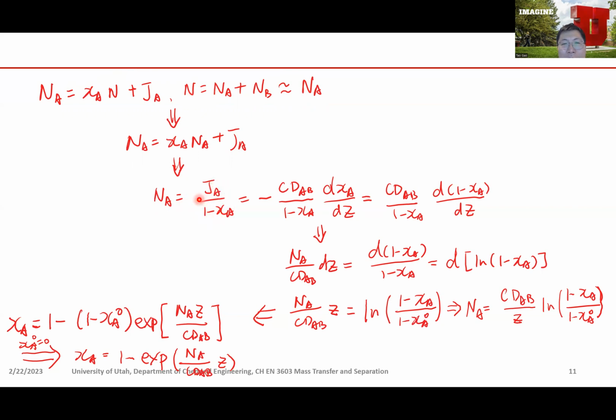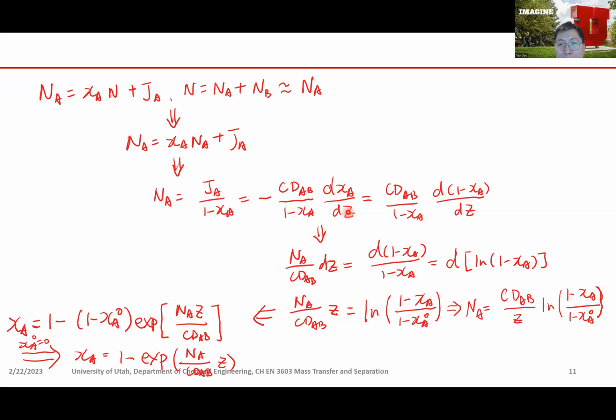And we know JA is a diffusive flux, which can be solved by Fick's law. And then we can just plug in Fick's law, right? That gives us here dx over dz. And because NA is a constant, this whole equation just becomes an ordinary differential equation about XA with respect to Z, right?